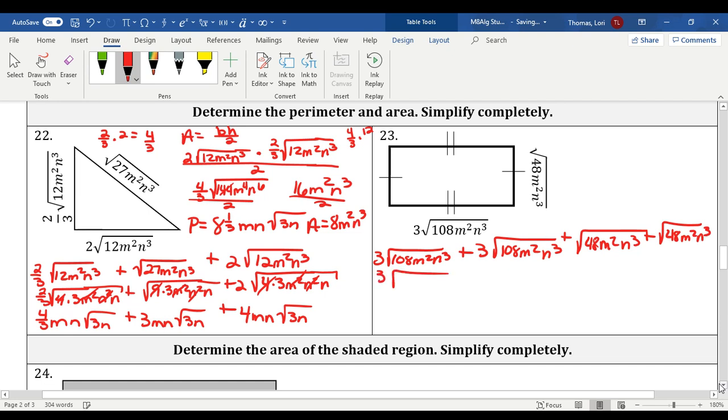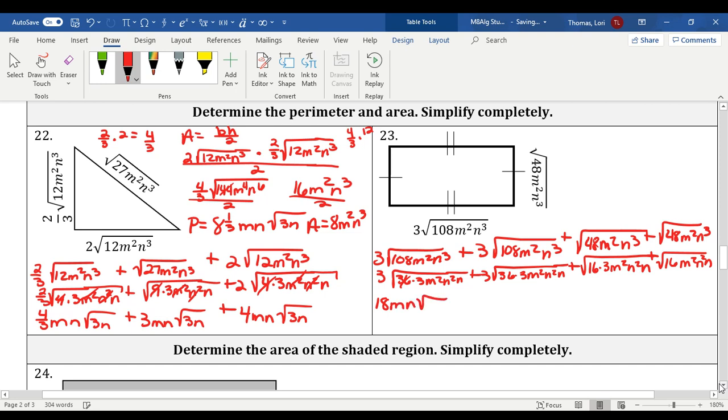So 108 breaks down into 36 times 3. Okay, so this is going to be 6 times 3 is 18.